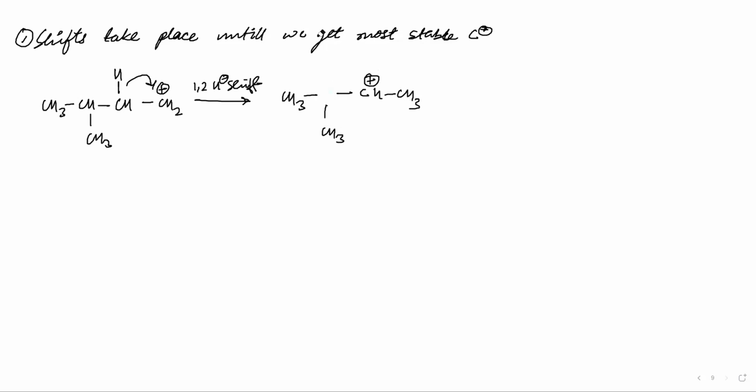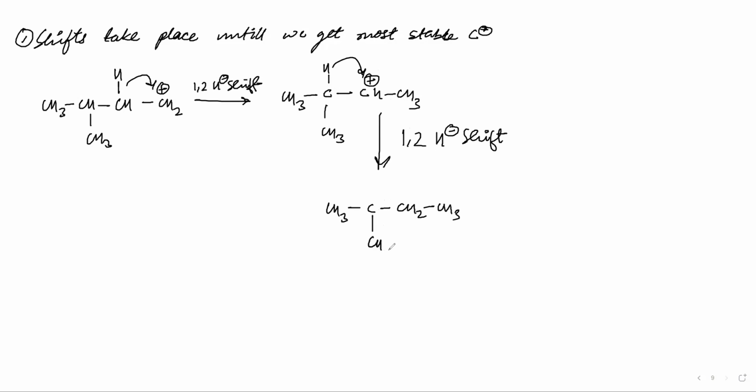Now I can see that there is another H which can move from this CH. Now this will again move, and I will be seeing 1, 2, H negative shift, CH3, C, CH2, CH3, CH3, positive.